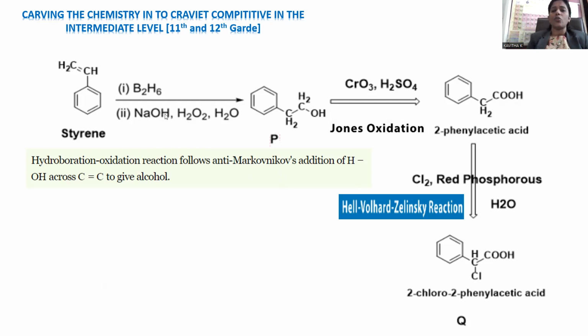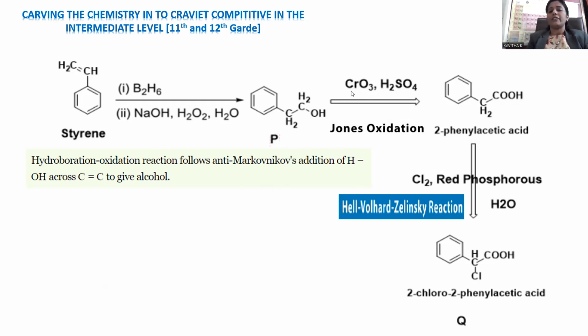Here the nucleophile is OH minus released from sodium hydroxide. So OH minus will be attached on the terminal carbon in accordance with the anti-Markovnikov rule in the presence of hydrogen peroxide. That's why the product P will be CH2CH2OH. OH, the nucleophile, is attached to the terminal carbon. So this is product P.